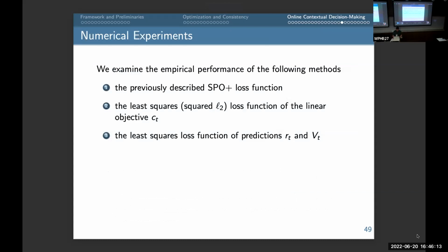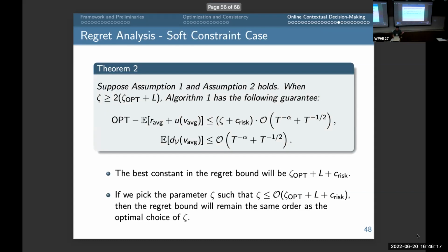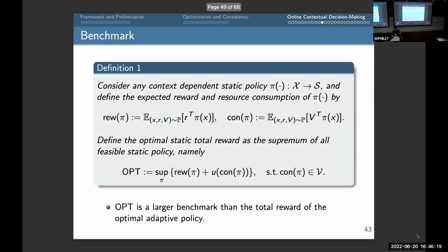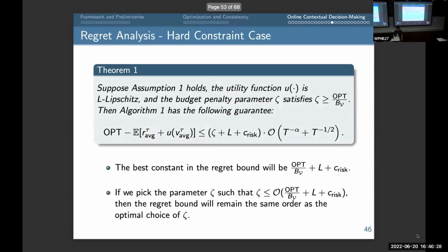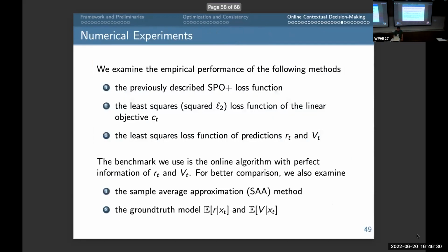So in our numerics, we look at this online algorithm, basically algorithm 1 here, with different choices of surrogate loss function for updating the predictor function. The different choices of surrogate loss function that we consider are SPO plus, least squares applied to the cost vectors c_t that are induced by the dual variables, as well as least squares directly on r_t and v_t.